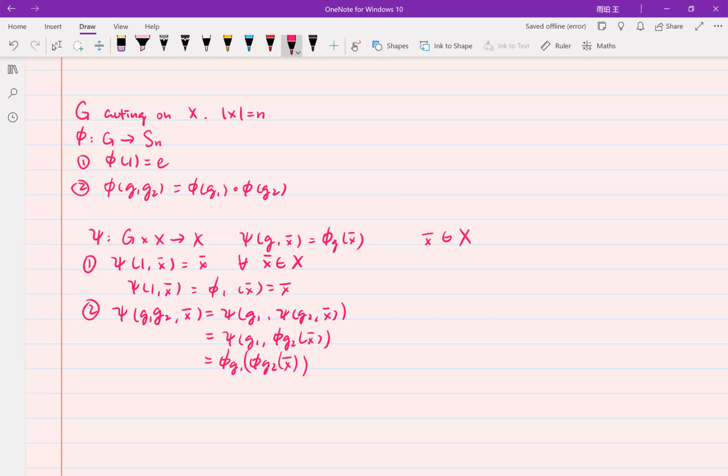Here, this is just a function composition, so I can also write it as composite star. So it's clear that the group action axiom actually arises from the properties of homomorphisms that's defined at the very beginning of this video.